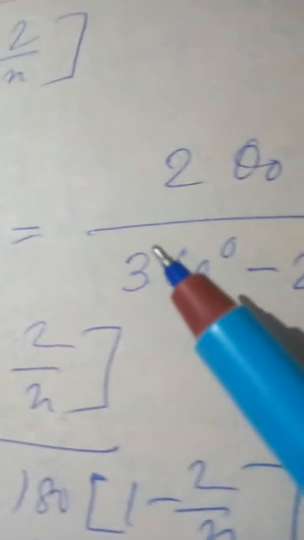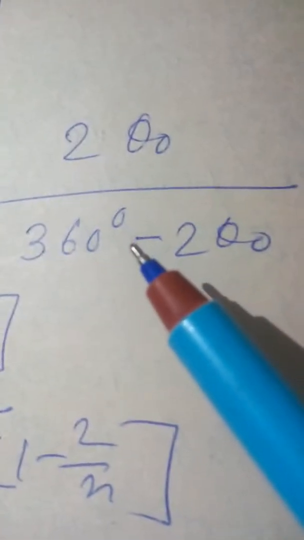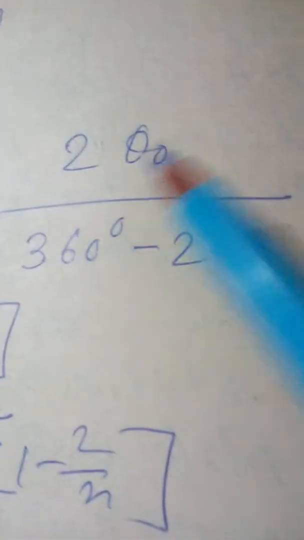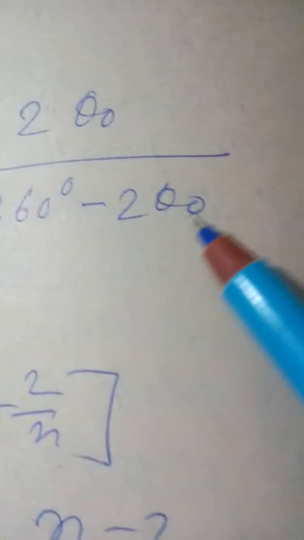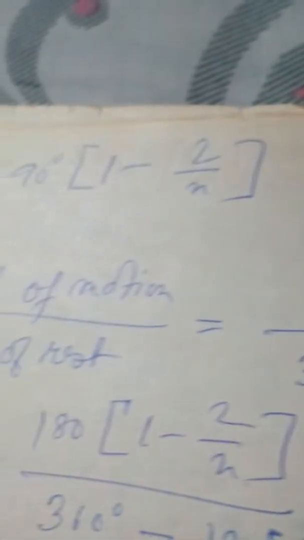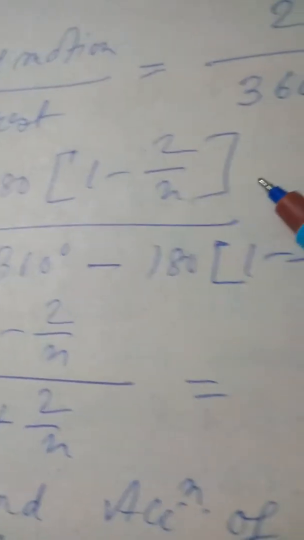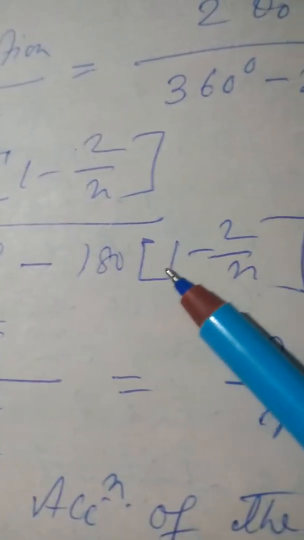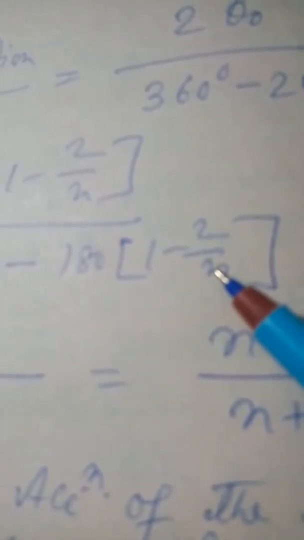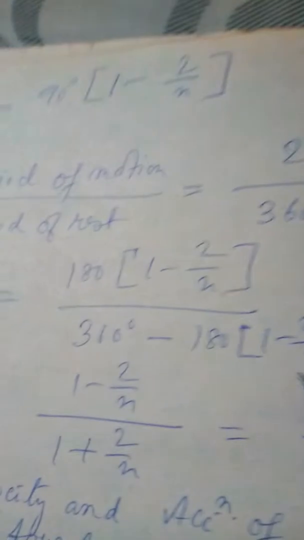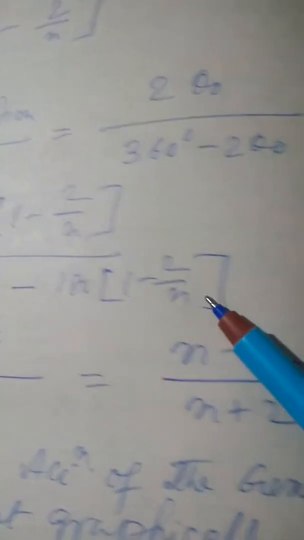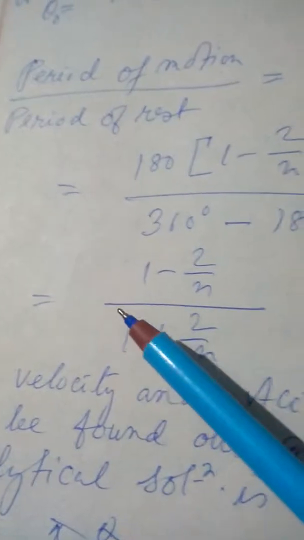Period of motion divided by period of rest is 2 theta naught minus 360 minus 2 theta naught, which is equal to 180 degree 1 minus 2 by n, divided by 360 minus 180 into 1 minus 2 by n.